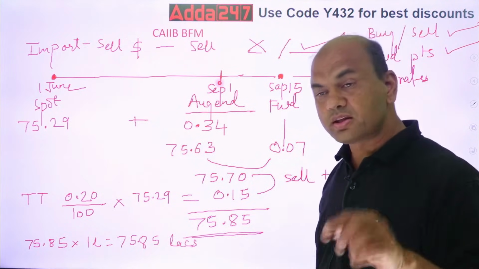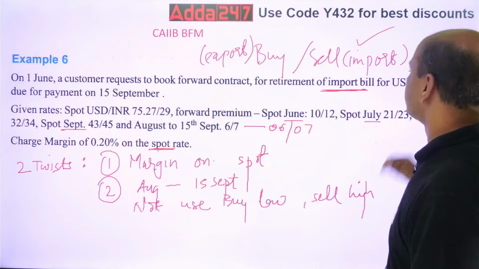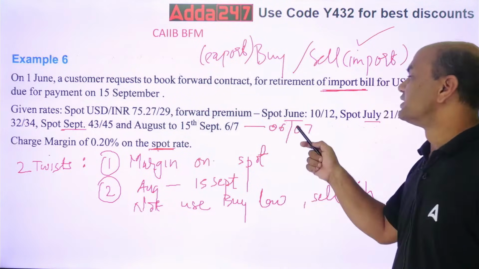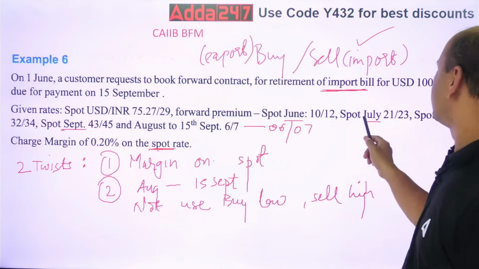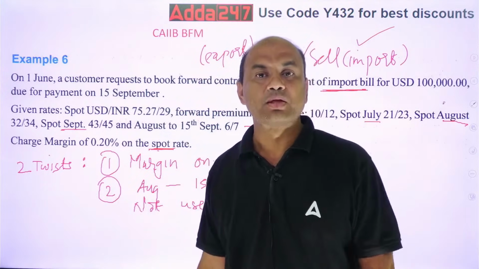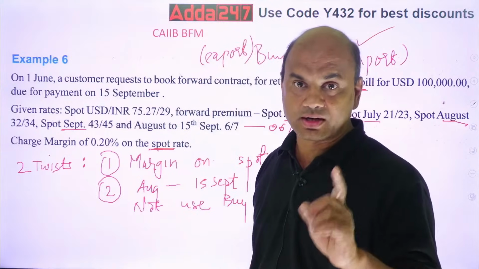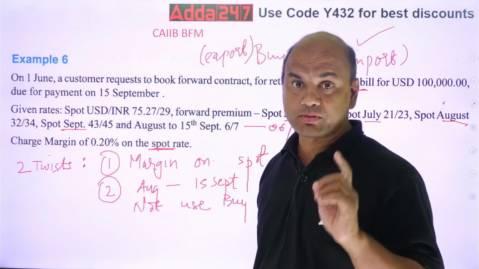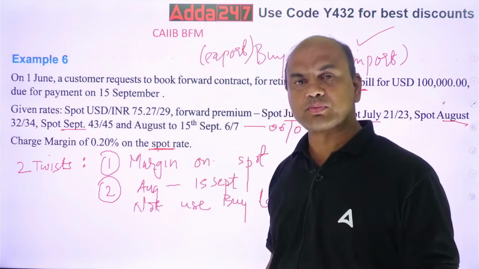Now one thing you note, if you look at the rates given over here, spot of June is given, July is given, August is given and September is given. So I want now the September 1 rate. Kindly note one point.